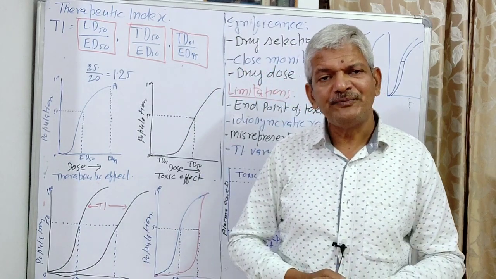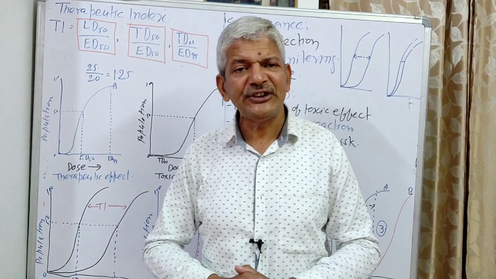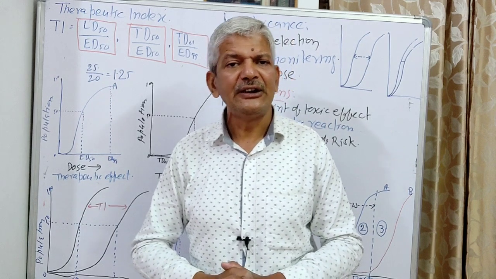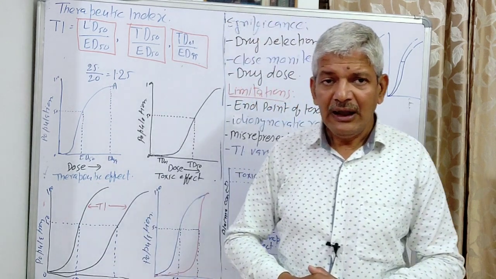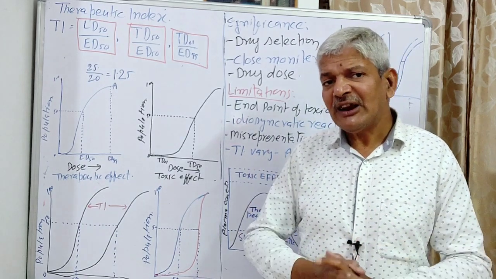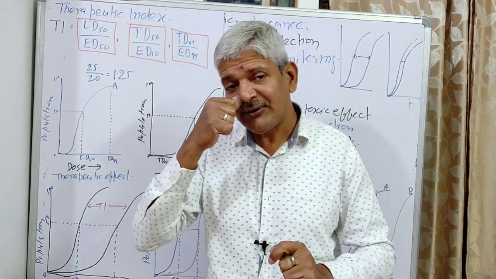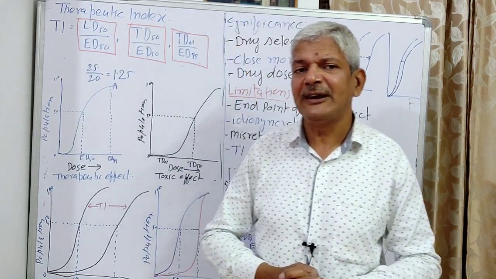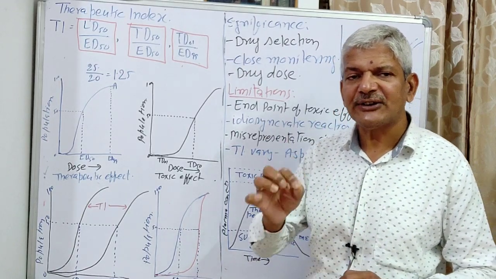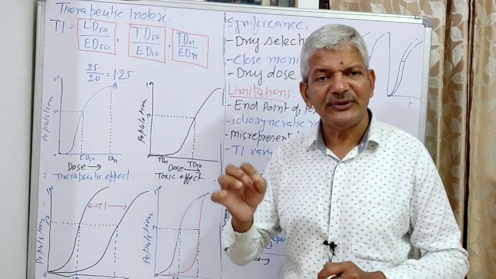To solve this problem, we use another parameter, the toxic dose TD50, that is the median toxic dose. What will be the definition of the therapeutic index if we are not using LD50? Then the therapeutic index will be TD50 divided by ED50, the median toxic dose of the drug divided by the median effective dose of the drug.